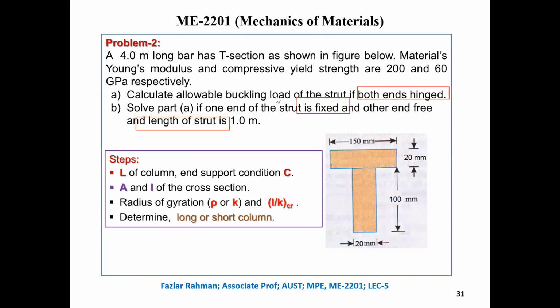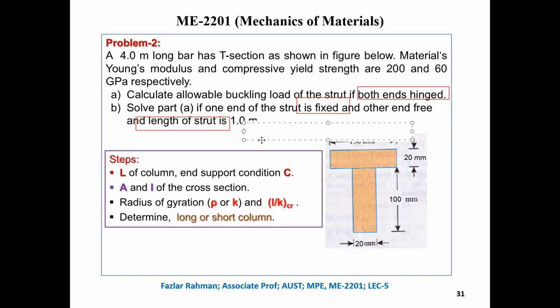And the length for part A is 4 meter, but for part B the length is 1 meter. Now, how are you going to solve it? At first, you need to figure out L by rho critical, right? That means you need to know whether it is a short column or a long column.